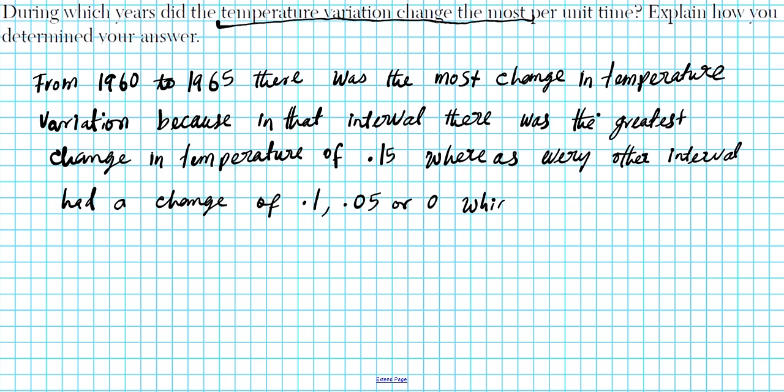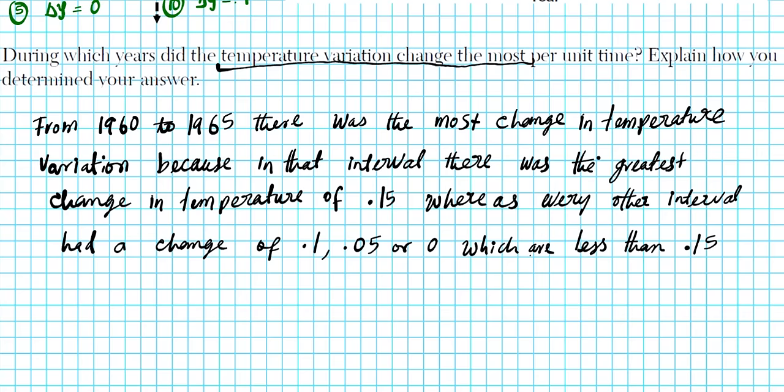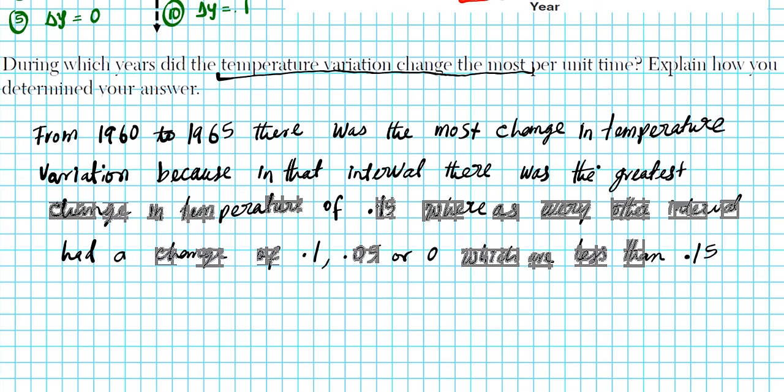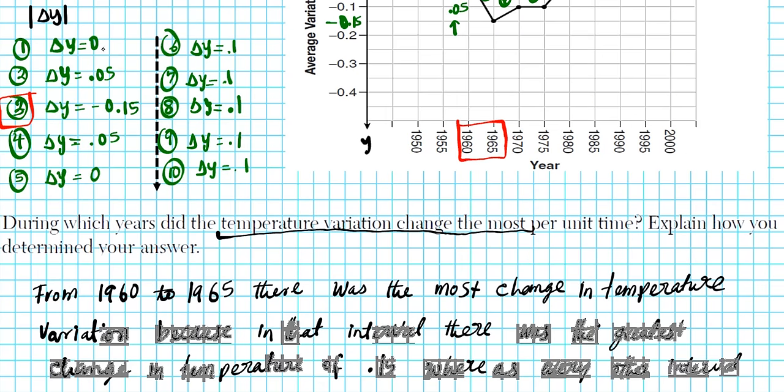Okay, which is less than 0.15. Anyway, so that's basically the answer, identifying the years, and if you want to get full credit, you'll have to explain why that is the case. And the argument here is that we have the biggest change. It was a fall in that interval compared to every other interval where we just had a change of either 0 or 0.1 or 0.05. Okay, so that's that.